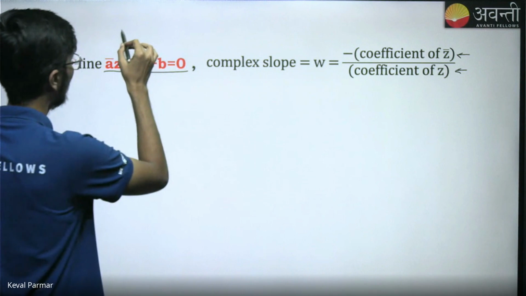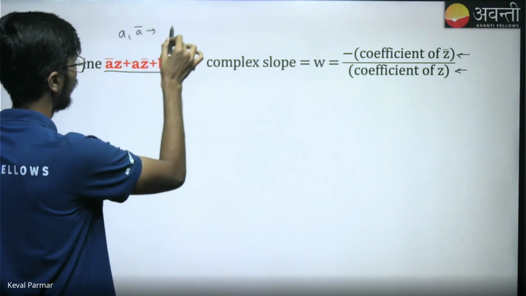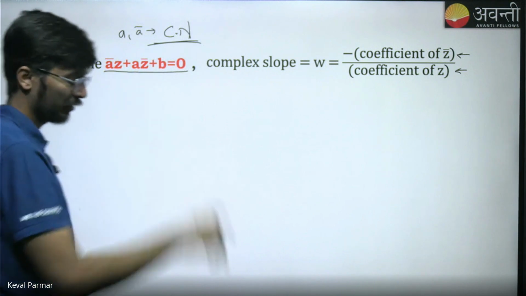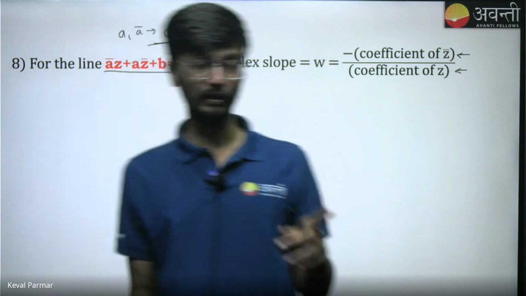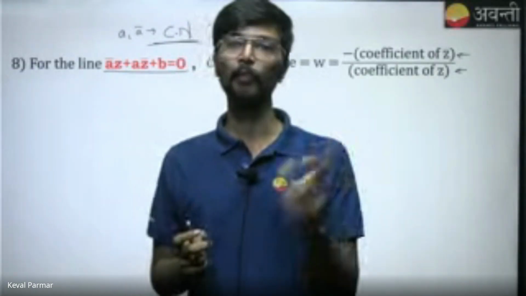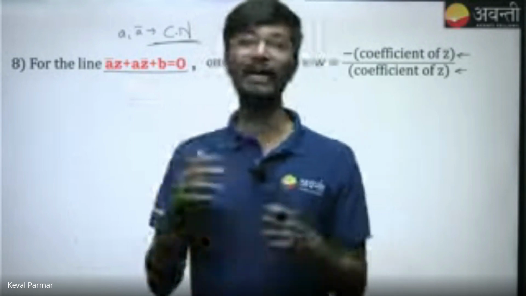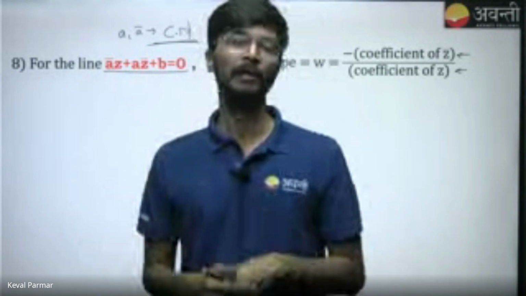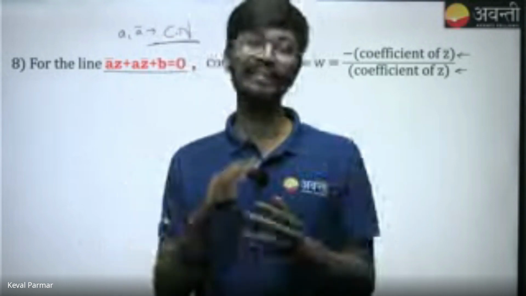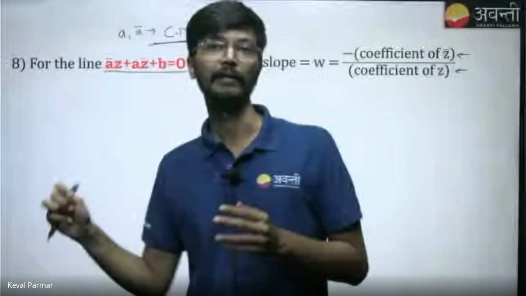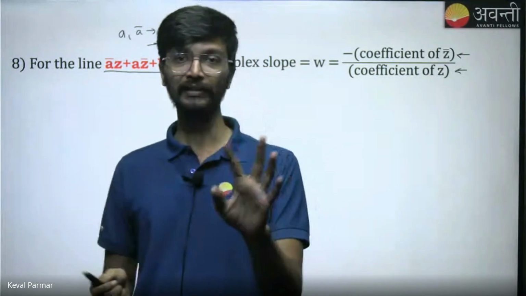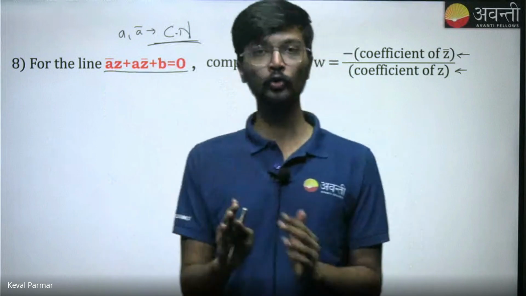Here, a and a bar are also complex numbers, but a and a bar are fixed complex numbers, like z and z bar are general points, right? Just as in the equation of straight line we used to write any general point or any general equation in terms of x and y, here any general equation will be in terms of z and z bar. So please don't get confused. a and a bar are known quantities.